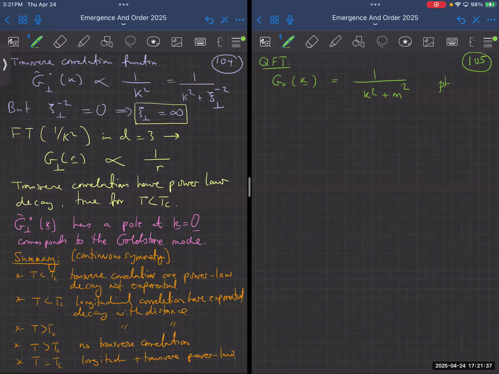That's for a particle of mass M. In statistical mechanics, what we have is G naught is 1 over k squared plus xi to the minus 2. And so I can see that the mass in quantum field theory is like 1 over the correlation length in statistical mechanics.